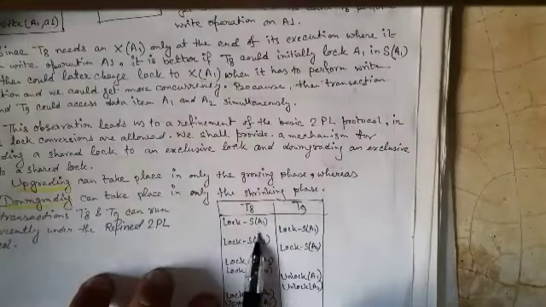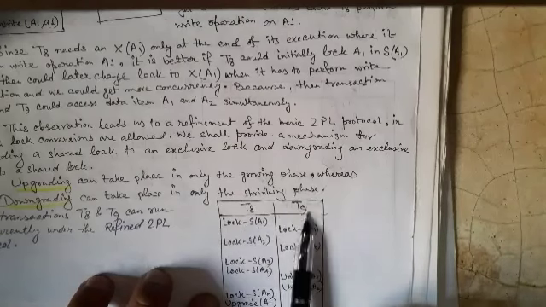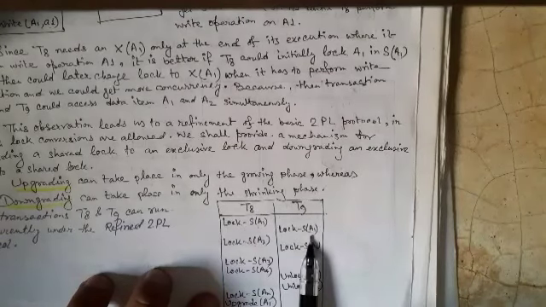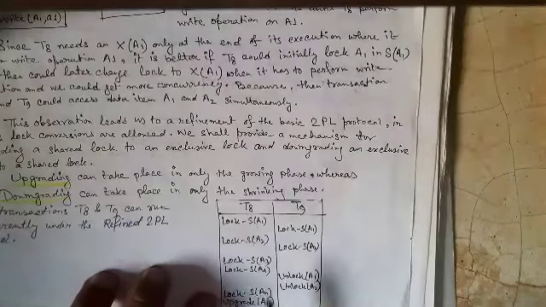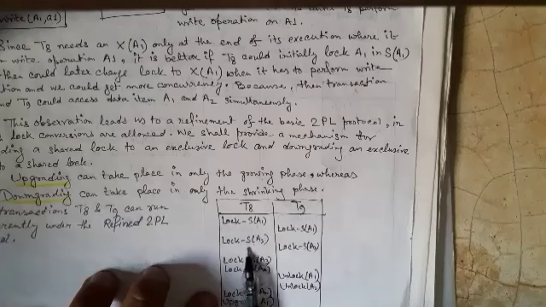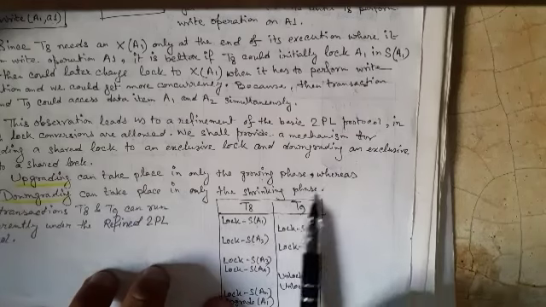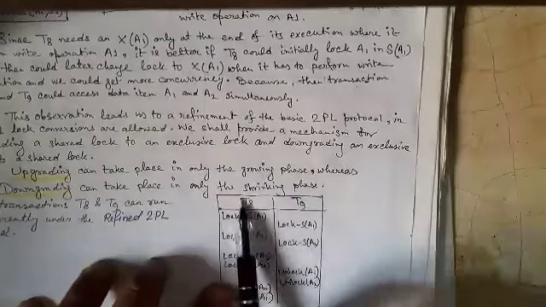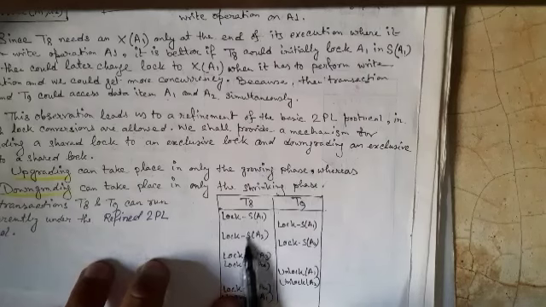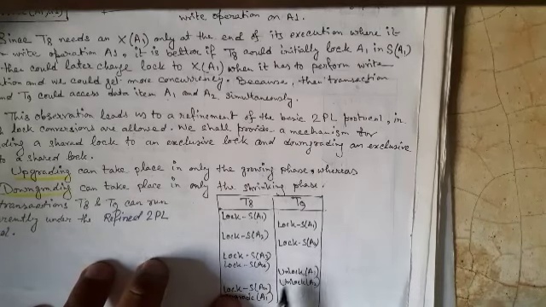Now if we write this previous example T8 and T9 in such a way that at first a shared lock is issued on A1 for T8, then a shared lock is issued on A1 by T9, since these two shared locks are compatible, no problem. Again a shared lock is issued by T8 for A2, similarly a shared lock is issued by T9 for A2, then all the shared locks are issued by T8 for A3, A4 up to AN.